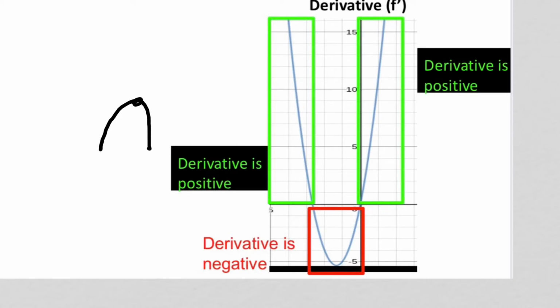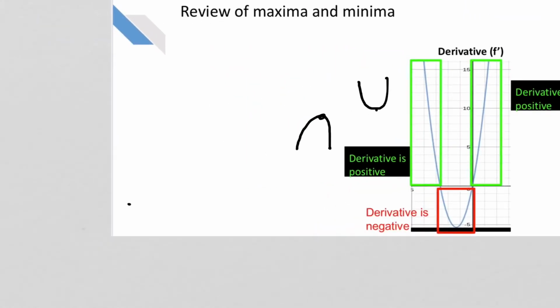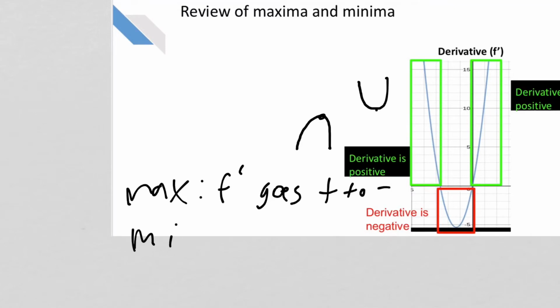And the only way to do that is to have a minimum, right? We're decreasing, we're flat, we're increasing. So that creates a minimum. So a max happens when f prime goes positive to negative, whereas a min happens when f prime goes negative to positive.